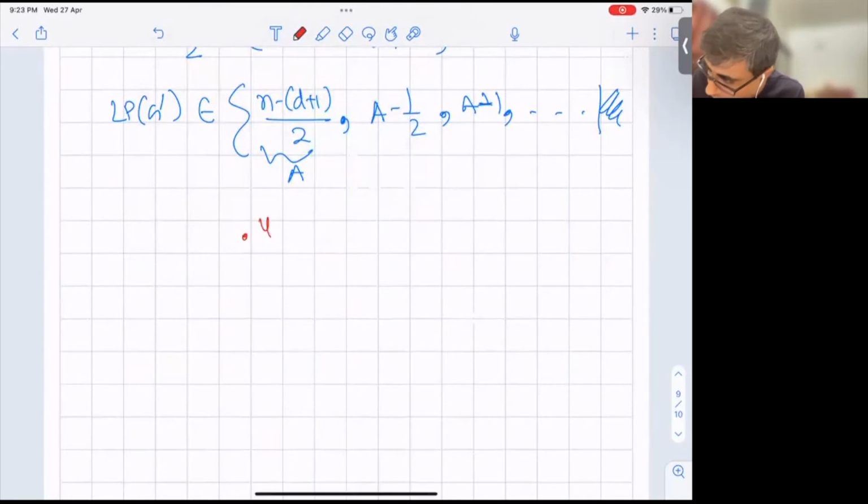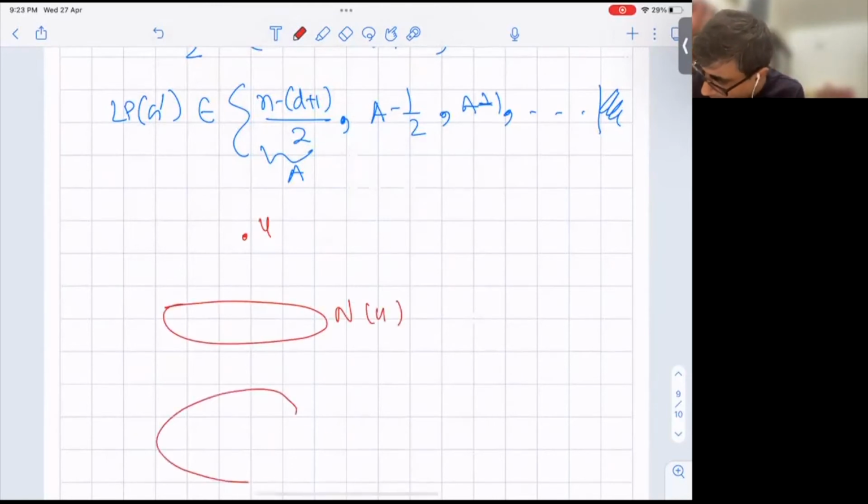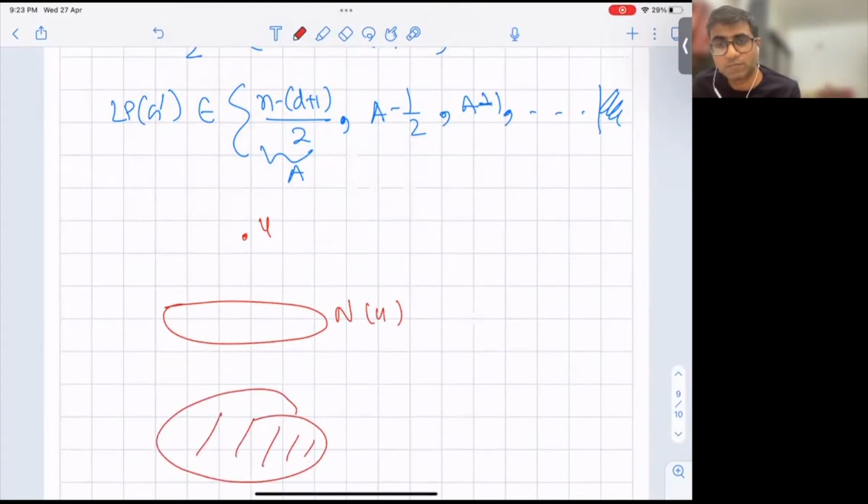Here is u, here is n of u, and here is everything else. Right? And so suppose this guy's value is n by 2 minus, say, d.